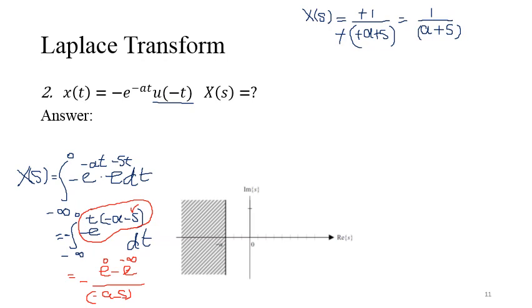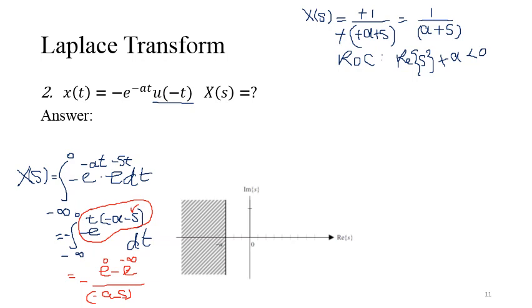So the region of convergence for this will be, I just write ROC, equals real of s plus a should be less than 0, because if this relationship is satisfied, only then it will be converging, otherwise it will be diverging.